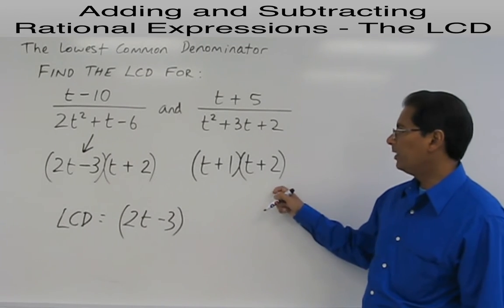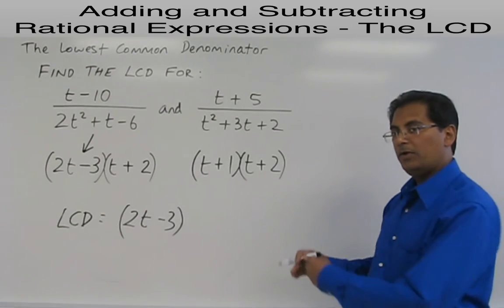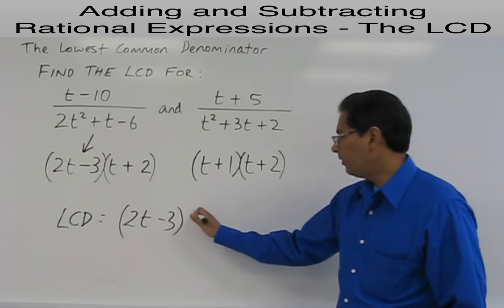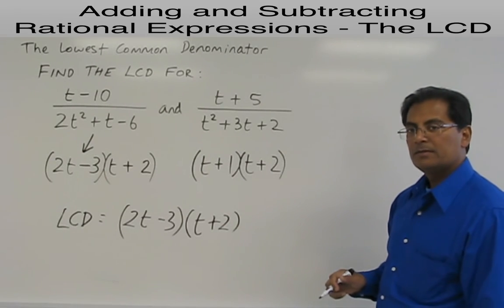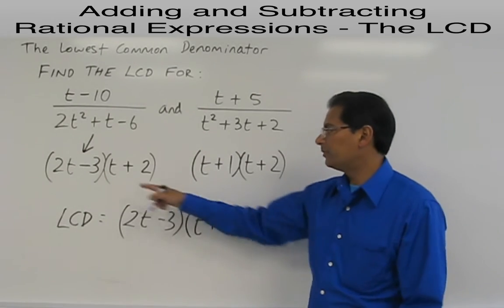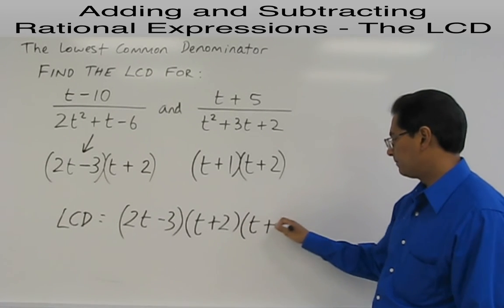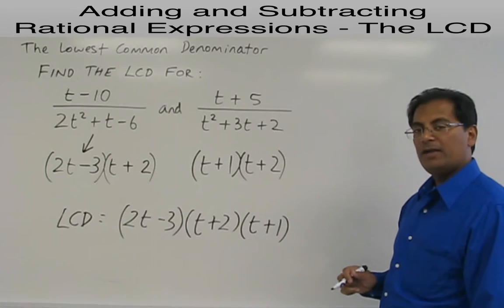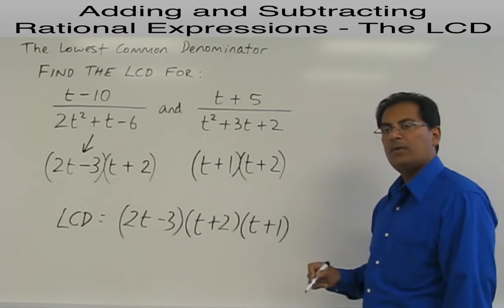We have t plus 2, which occurs here once and also here once. Remember, we're looking at separate denominators, so all we need is t plus 2, because that will satisfy this one and it will satisfy this one. And then we need t plus 1. So my LCD is 2t minus 3 times t plus 2 times t plus 1.